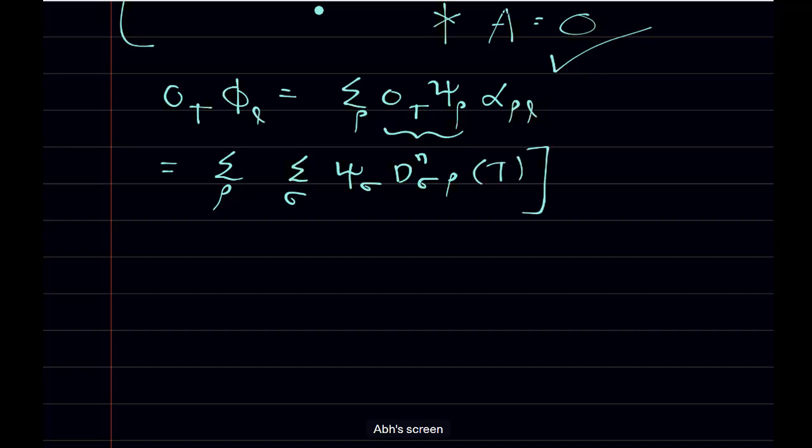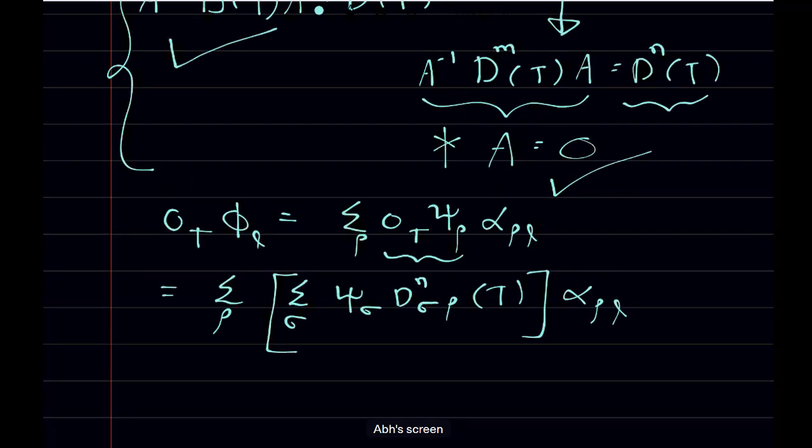Let me keep it here, and then put alpha rho L here. So what was that? Remember the first relation: O of t acting on psi of nu can be written in this way. I just used this relation.